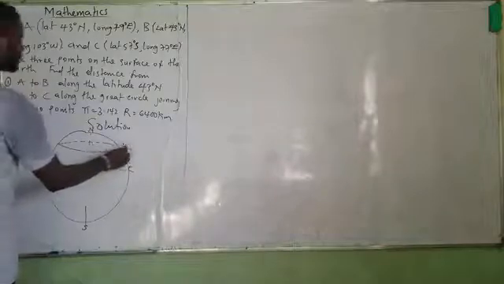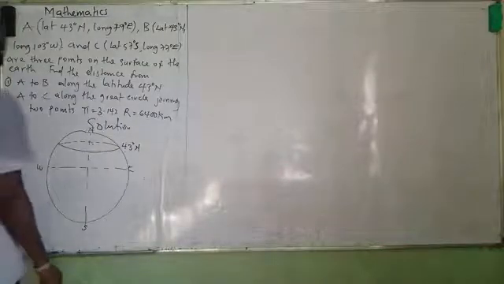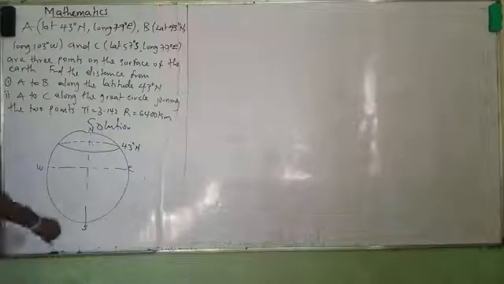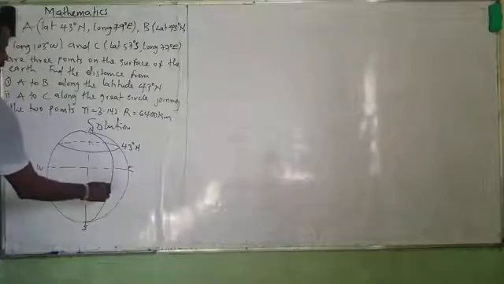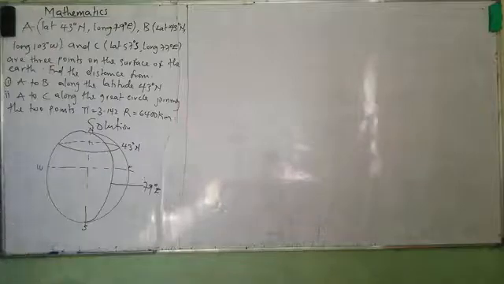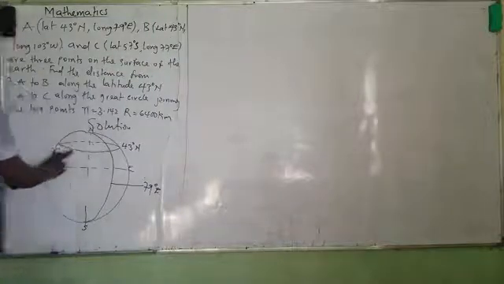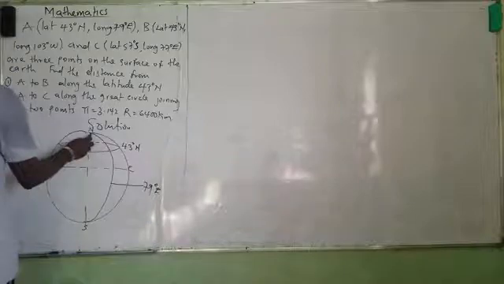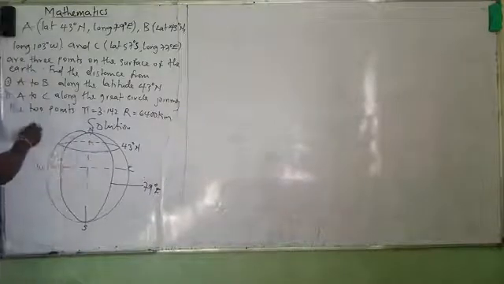I can call this place 43 degrees north, and also longitude 79 degrees east. I can call this place 79 degrees east, and also be 43 degrees north and 103 degrees west. It means 43 is already here, and here is 103 degrees west.